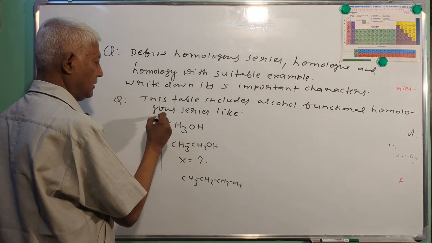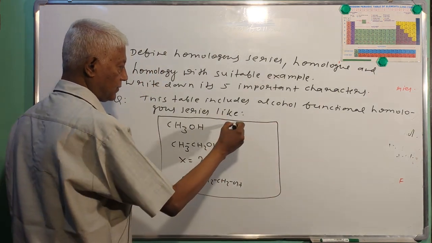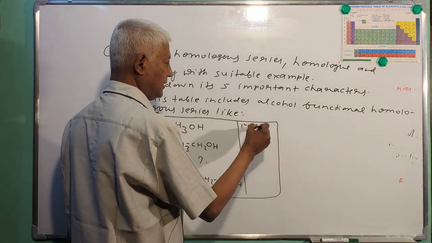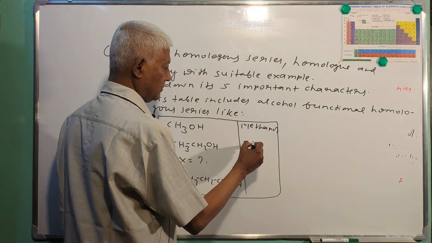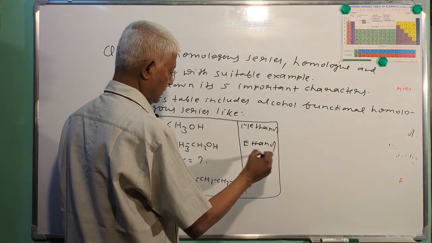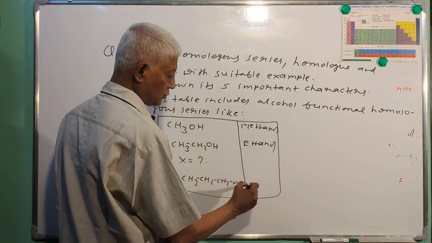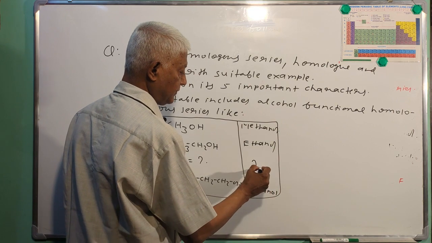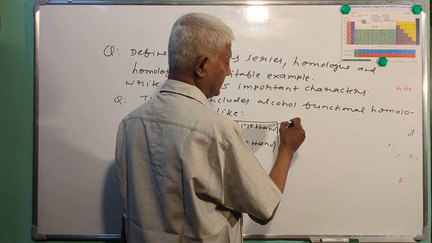That is the table. That is known as methanol, that is ethanol. The third one we have to find out. The fourth one is butanol. We have to find out. So this is what they ask in the examination.